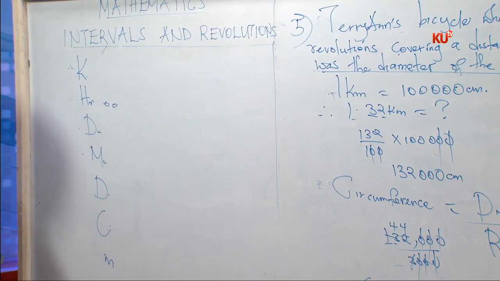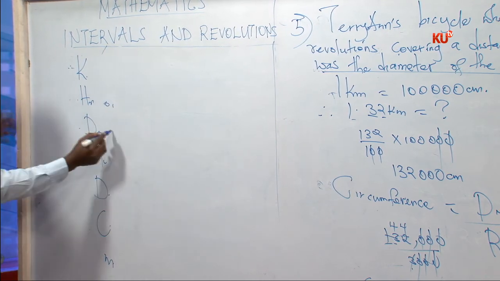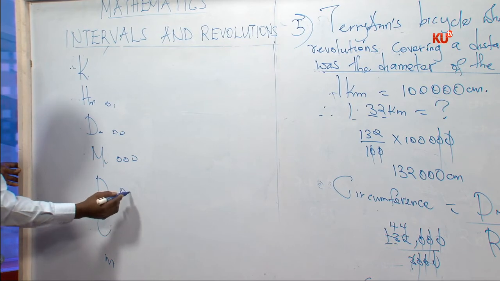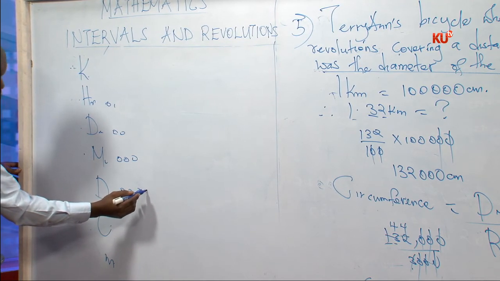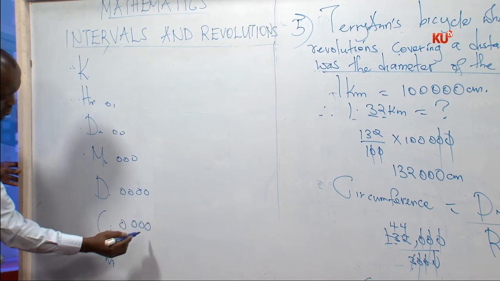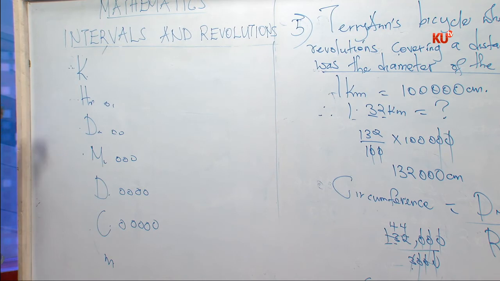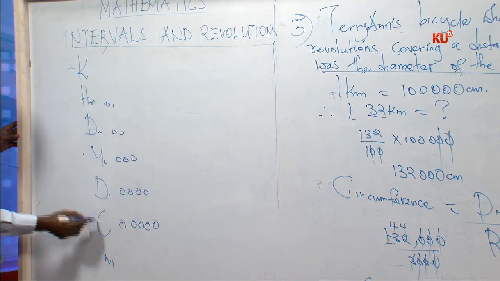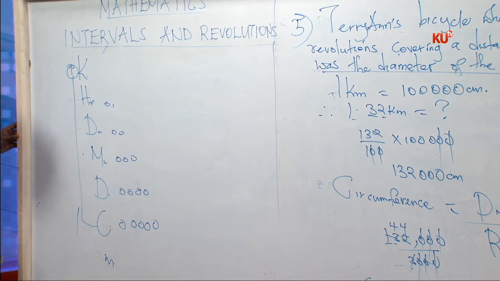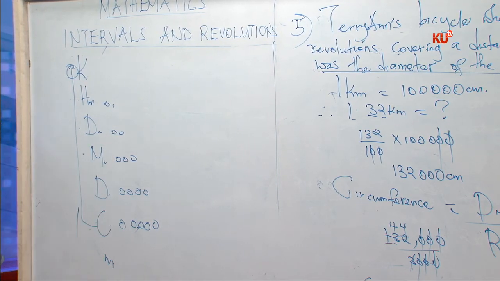Write the zeros. This one will help you a lot. Like when you want to compare a centimeter with a kilometer, you say 1 kilometer is equal to 100,000 centimeters.